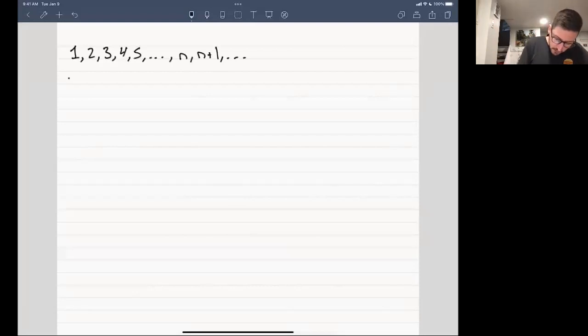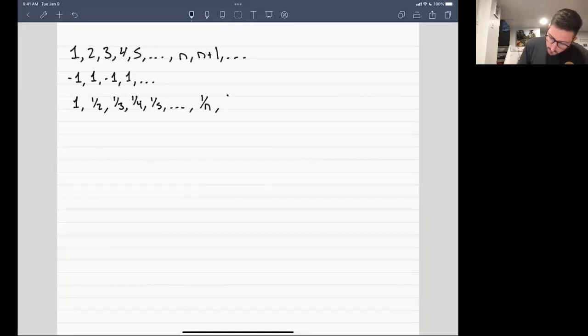Or maybe you can just alternate between ones and minus ones ad infinitum, right? So all of the odd elements are -1, all of the even elements are +1. Or maybe you could say 1, 1/2, 1/3, 1/4, 1/5, and so on and so forth.